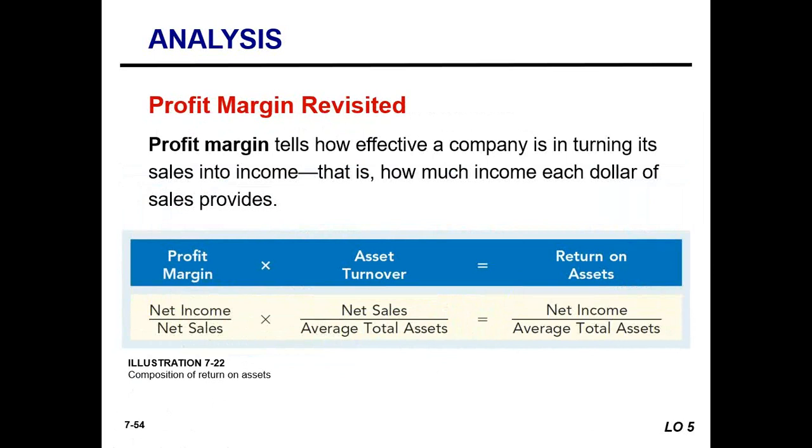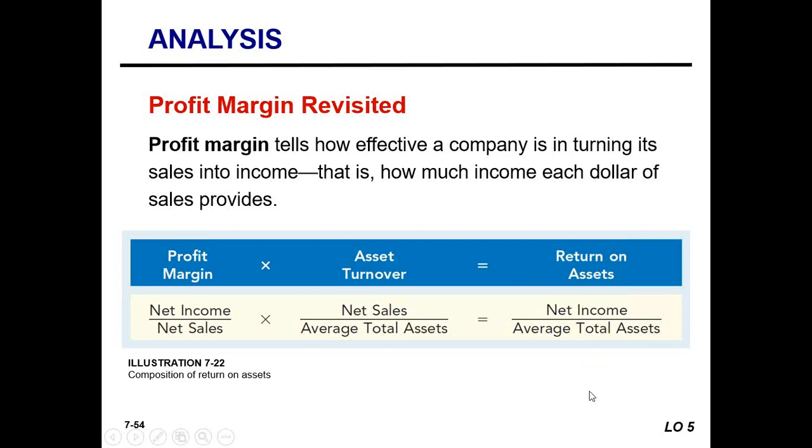Profit margin. We've talked about this before. How effective is a company in turning its sales into income? Income being the profit at the end of the day. So net income divided by net sales times net sales divided by average total assets gives us our return on assets.